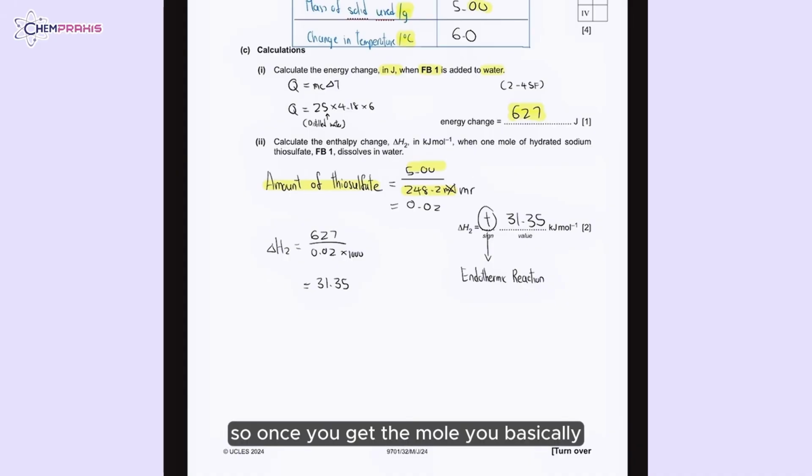Once you get the moles, you are able to calculate the enthalpy change. So you just add in the energy change and make sure to convert it to kilojoules, and you get the value 31.35. And the sign has to be positive because this is an endothermic reaction.